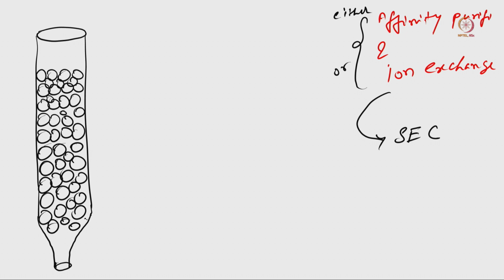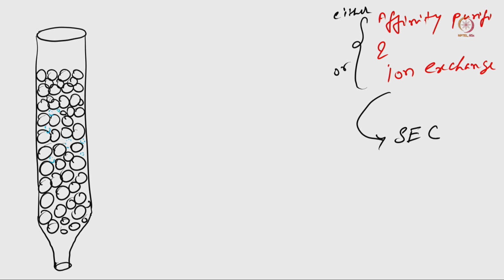The beads will pack properly, and here there is a lot of empty space. Those spaces are called the void volume.